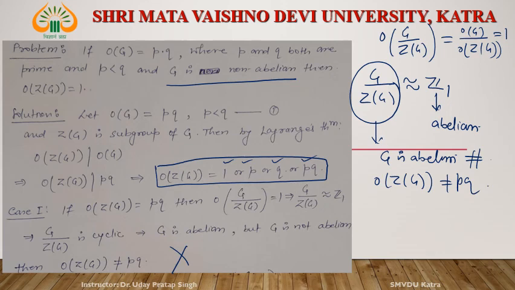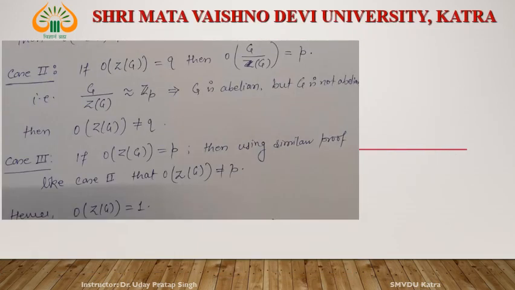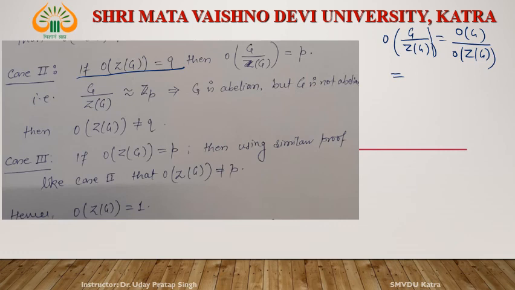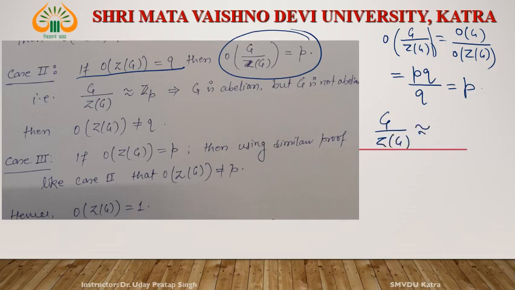Now come to the second case: the order of Z(G) is q. Then the order of G by Z(G) is pq divided by q, which is p. Then G by Z(G) is isomorphic to Zp.